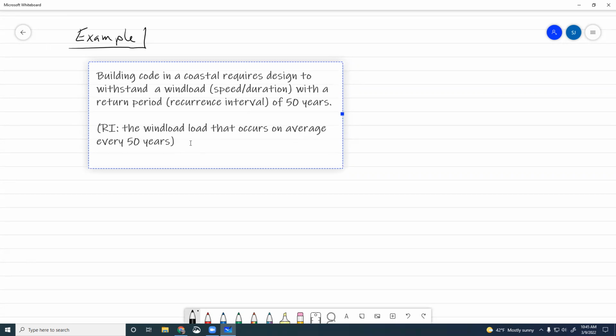What is the annual exceedance probability definition, AEP? The annual probability. 1 over T, which would be 1 over 50, which would be 2%, right?